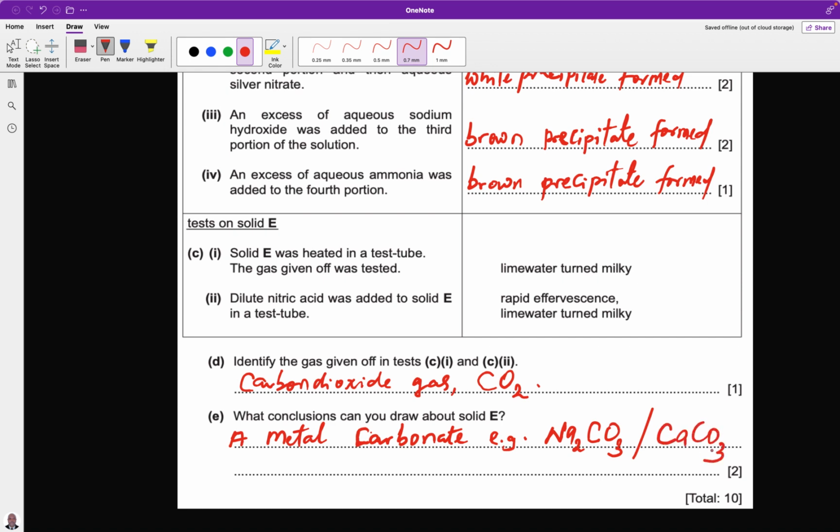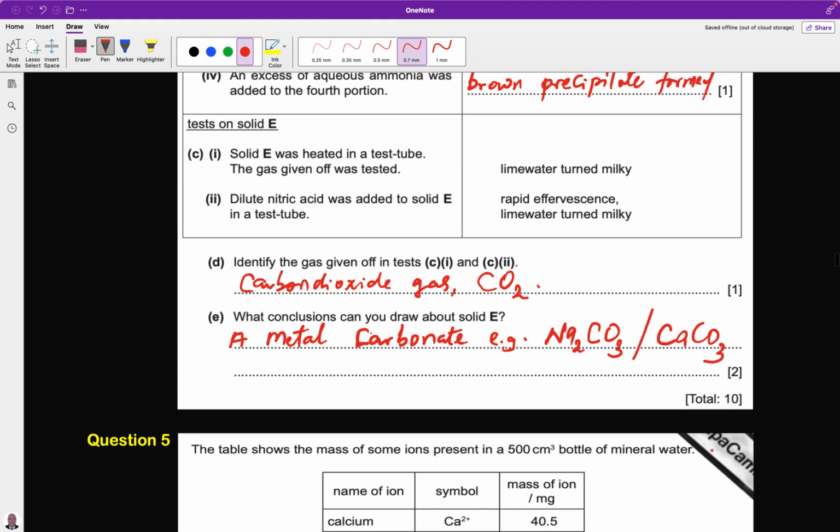It's a metal carbonate. Now, let's go to question number 5.